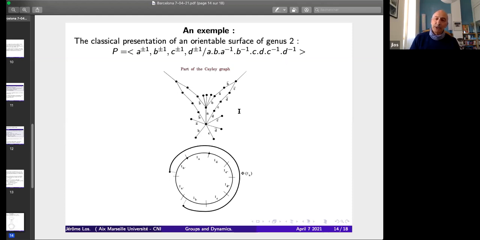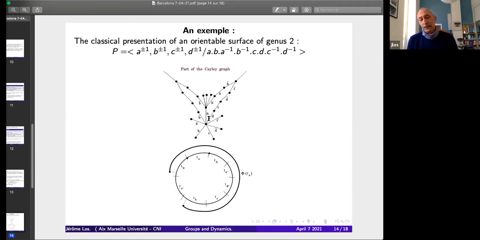And this picture is a very small part of the Cayley graph around the identity. So this vertex here is the identity. From the identity, you have all the generators, A, B, and so on. This cyclic ordering is reflected by the relation, and it's well in the plane. And this loop that you can see here is precisely the relation, A B A inverse B inverse, and so on and so forth.